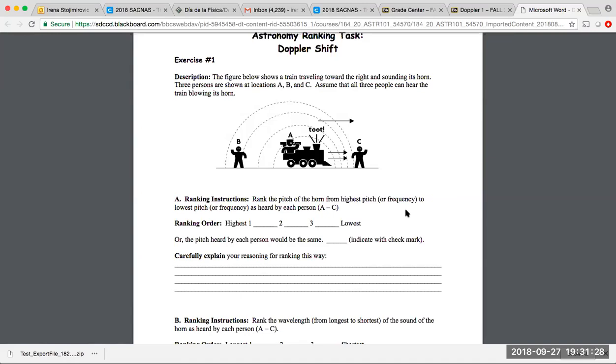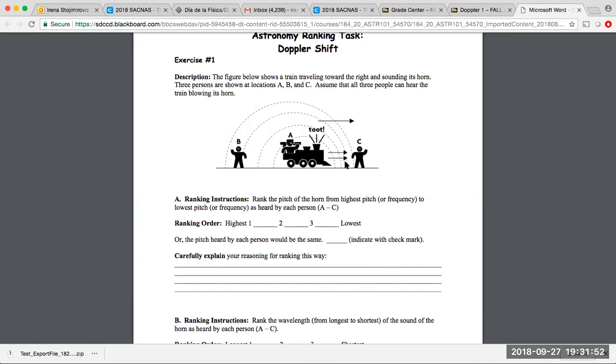And so that's not going to be A, because A is this person that sits in the train and moves with the train. So he hears whatever the train is emitting. That's the pitch, right? But these two observers, B and C, will hear different than what is emitted, because the train is moving with respect to them, right?